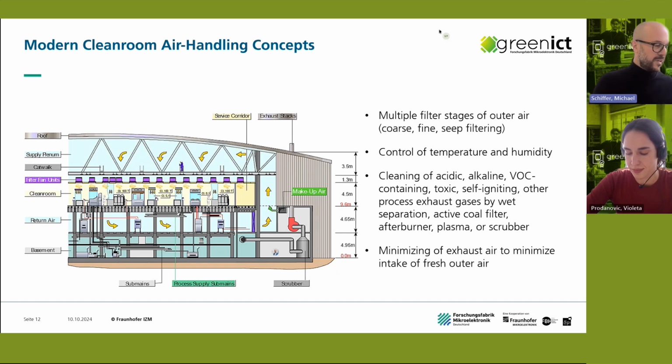To minimize the energy consumption, you will also mix used and refreshed air with fresh air from the outside. You have to precisely control the temperature and humidity, and especially for the exhaust, you really have to clean all the air that has gone through any kind of plasma treatment or plasma machines. As well, for the water, you have to take care of acidic, alkaline, VOC-containing, toxic, etc. So this is all in the infrastructure of the clean room.